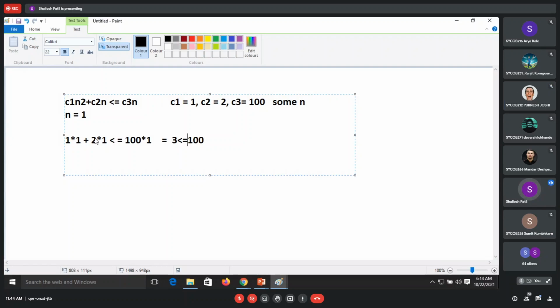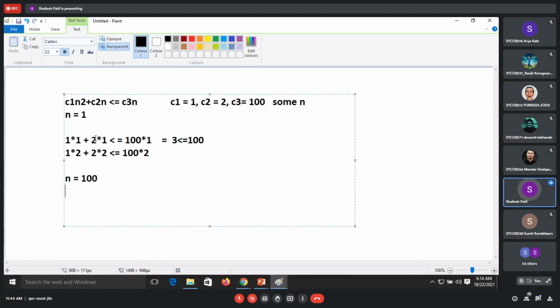Is it true for all n values? If I put n equal to 2, it will be 1 into 2 plus 2 into 2, less than or equal to 100 into 2. Is it true again? Yes. Now if we increase the value, suppose n equal to 100.